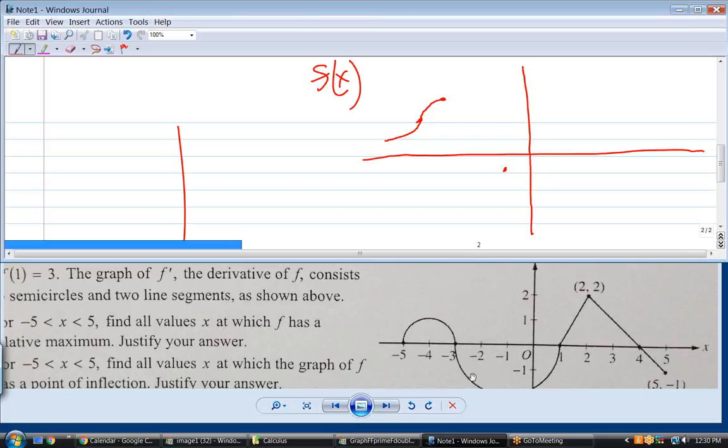Concavity is negative, so it's concave down to the inflection point at -1. Then it's concave up, but it's still decreasing all the way to 1. Okay. Now we have a flat, but it's still decreasing. Okay.